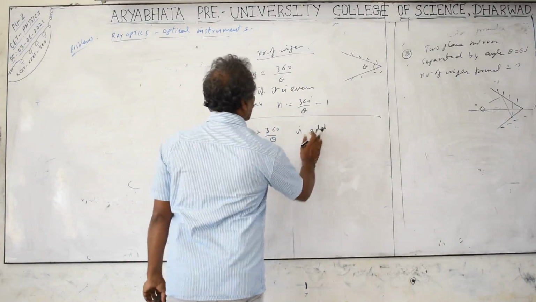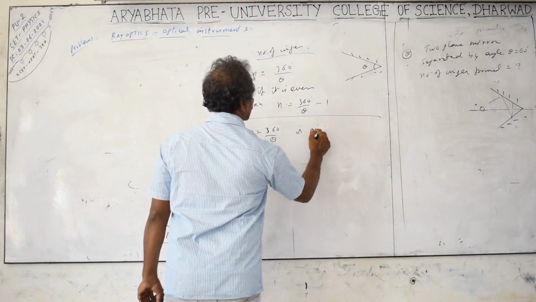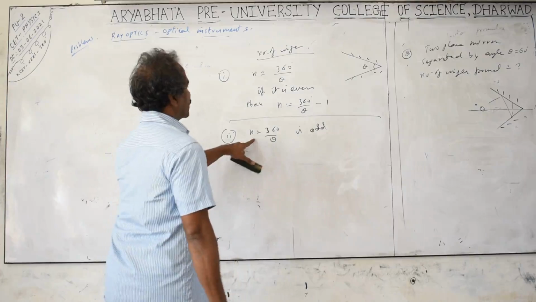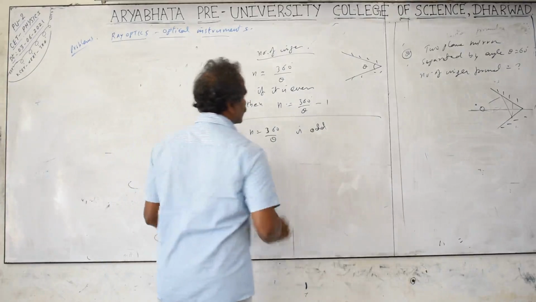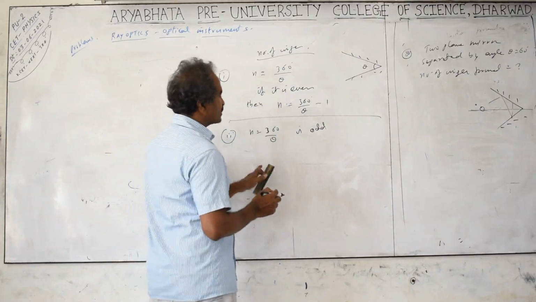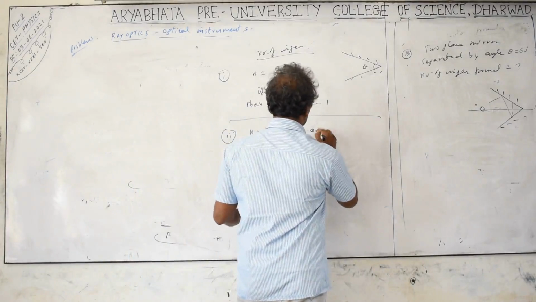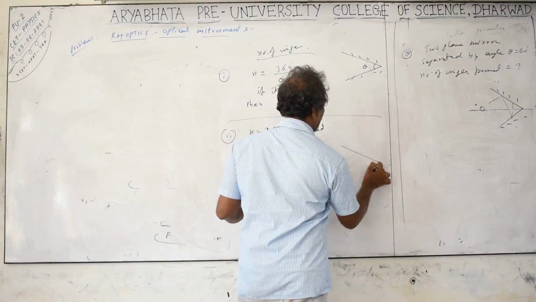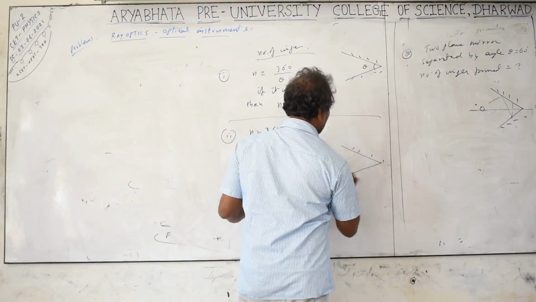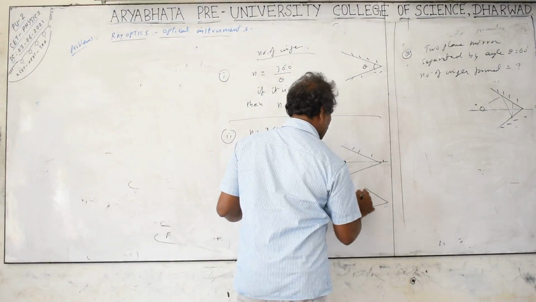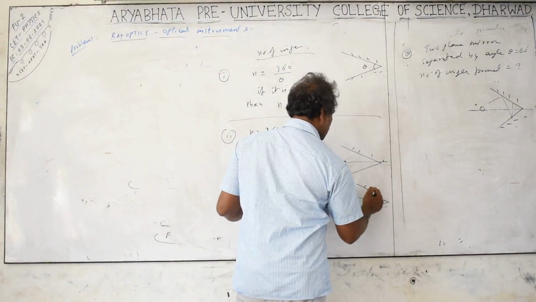But if it is already odd, like 5, 3, then again two conditions are there. You have to check whether the object is symmetrical or not. If the object is in the center, in the middle, it is symmetrical, and if it is not in the middle, it is non-symmetrical.